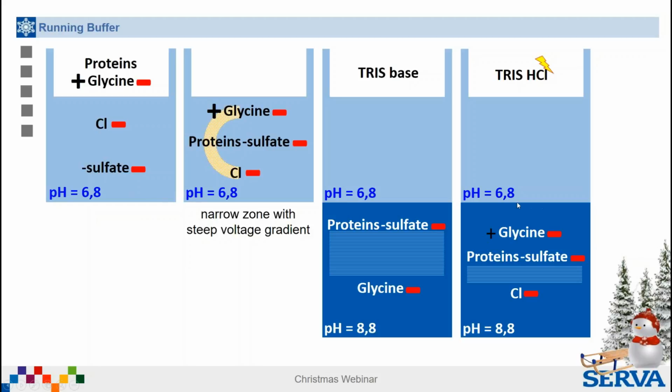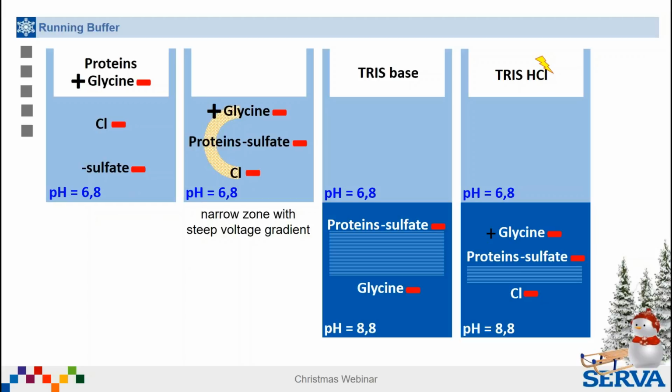When the glycine, protein-SDS and chloride pass from the stacking gel to the separation gel, the glycine will stay in a more positive form, and then you have the same effect as in this narrow zone, not as much as here, but a little bit, and you will not get a good separation.